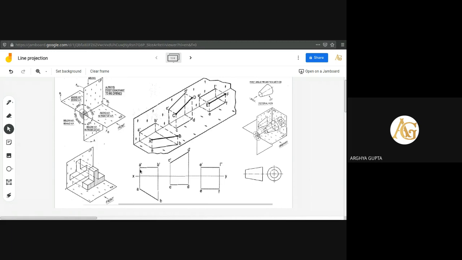So this is the basic concept of the line. A line can be parallel to both the planes, parallel to one plane and inclined to another plane, and the third condition is a line inclined to both the planes. We will do problems for all three conditions.